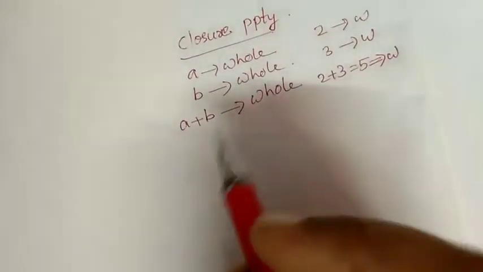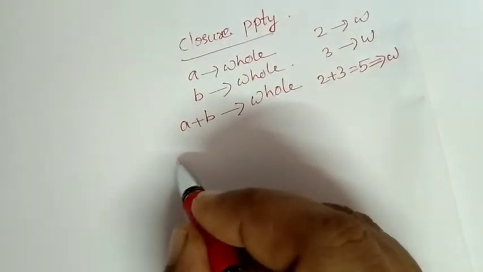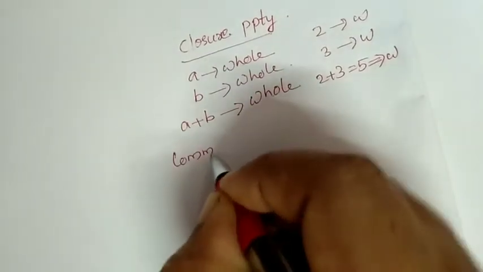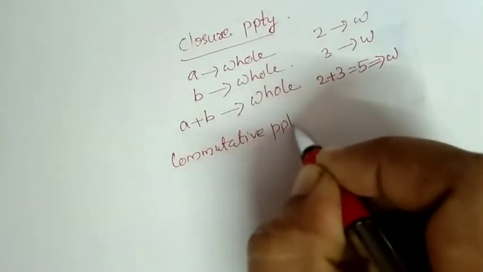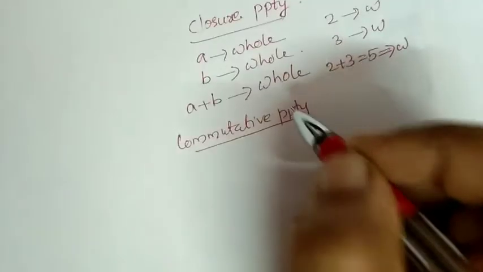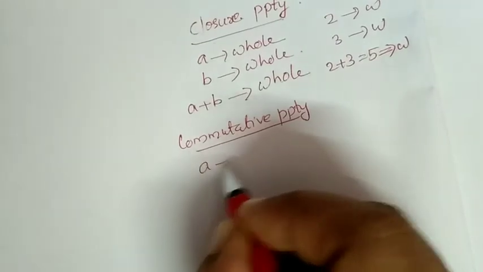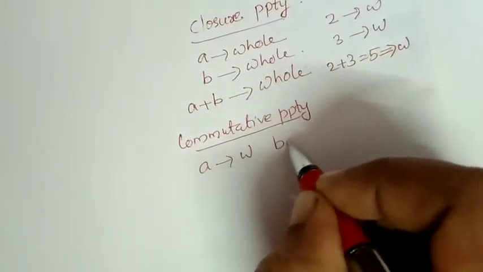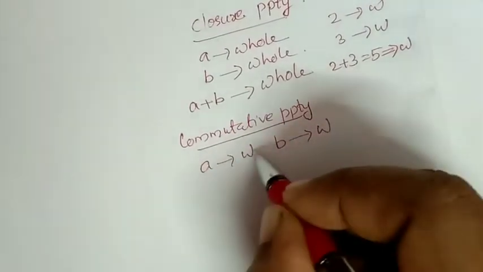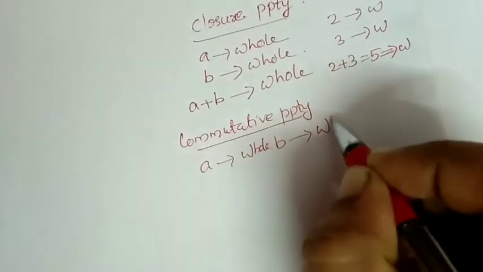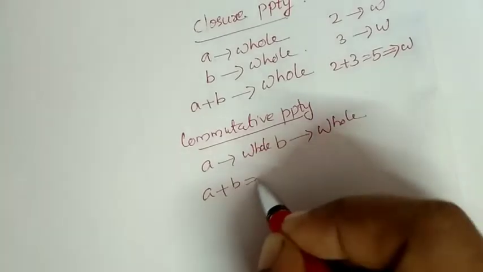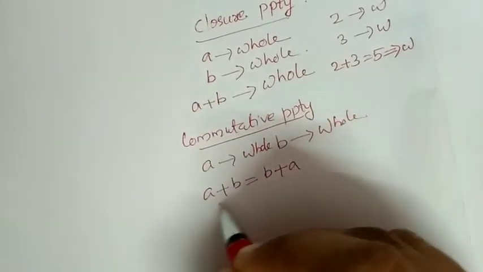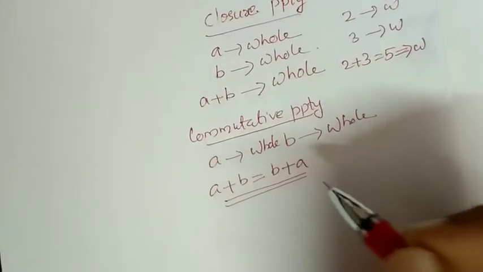Then the next property is the commutative property. Here also in general, A is a whole number and B is also a whole number. Then A plus B is equal to B plus A. That means when we change the order, the answers are the same.